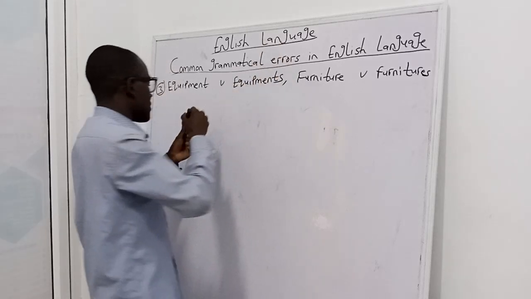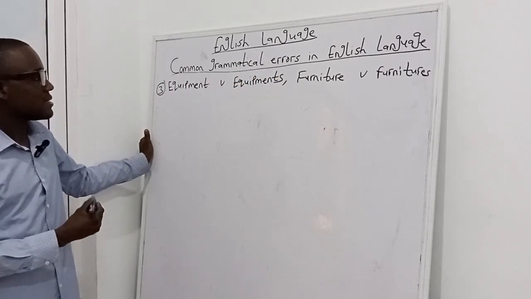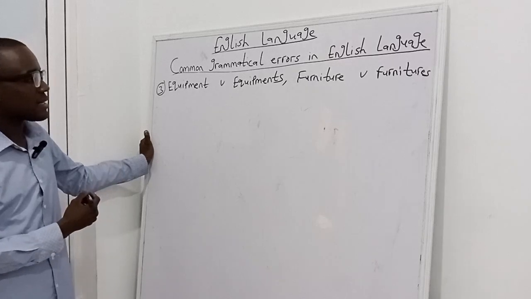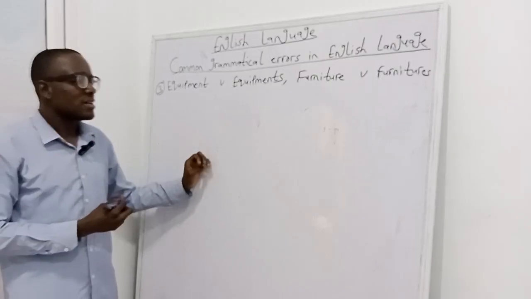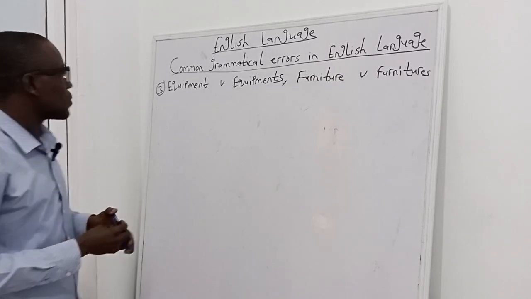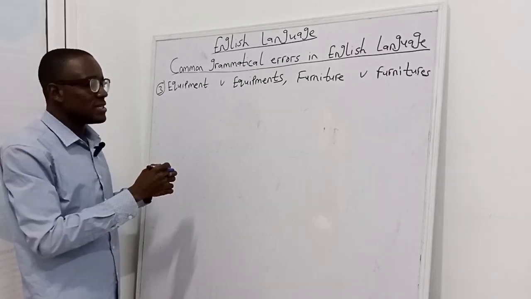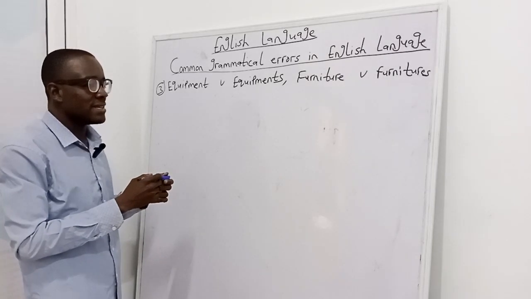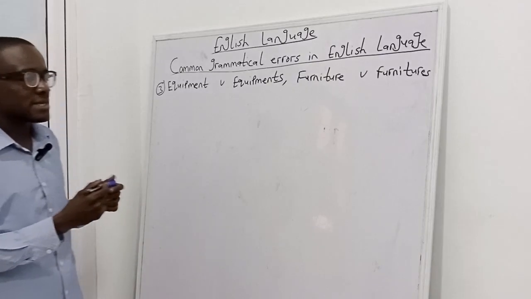Now, the rule of nouns says that there are some nouns that are categorized as uncountable nouns. And when you have uncountable nouns, you basically can't quantify them. They are unquantifiable. So for a word like equipment, you don't need to add s to it. Regardless of whether you're dealing with singular or plural, equipment remains equipment.